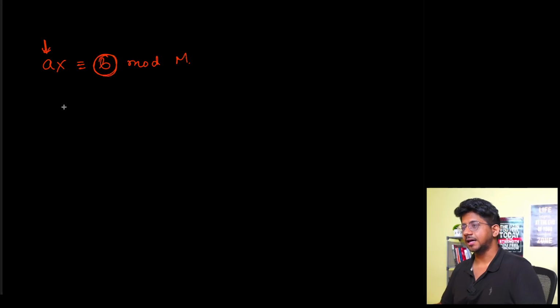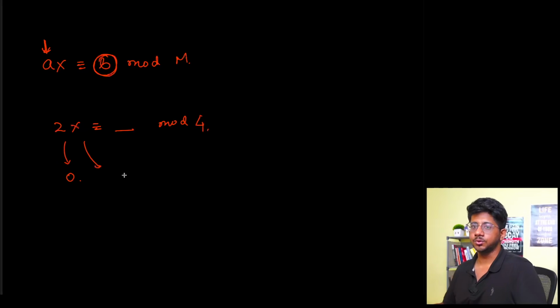For an example, let's take an equation like 2x is congruent to something mod, let's say, 4. So I can put x equal to 0, which will give us 0. X equal to 1 will give us 2 into 1, 2.